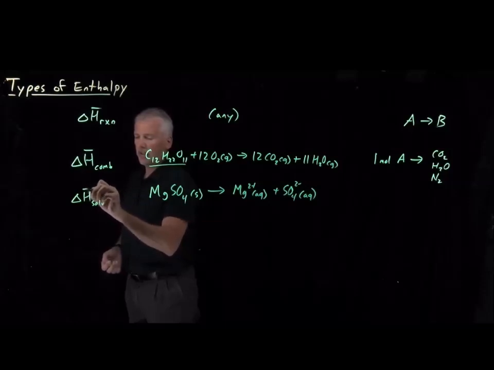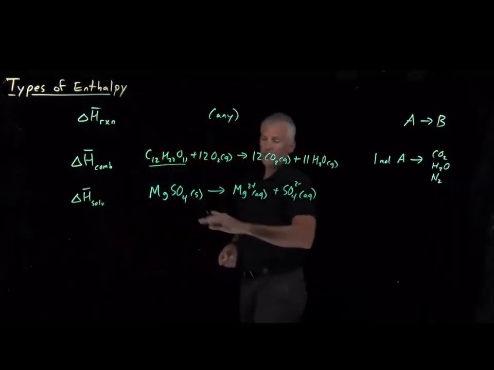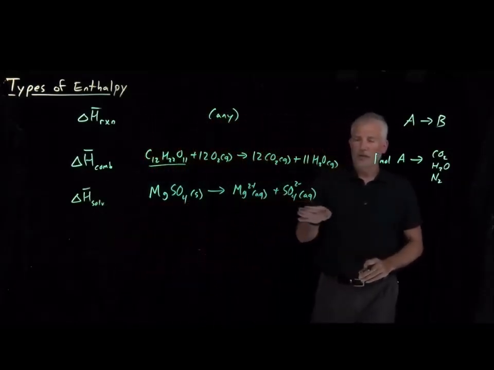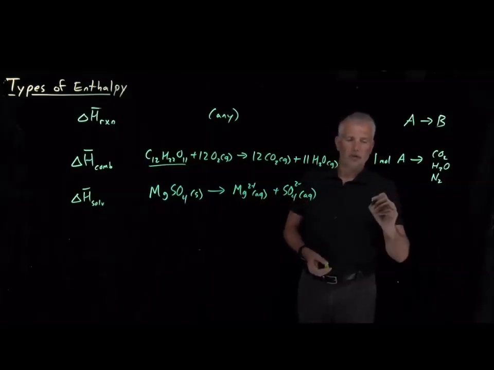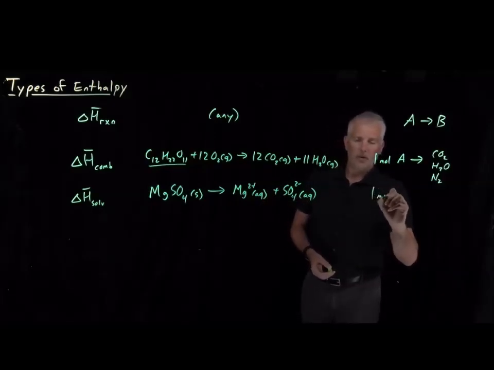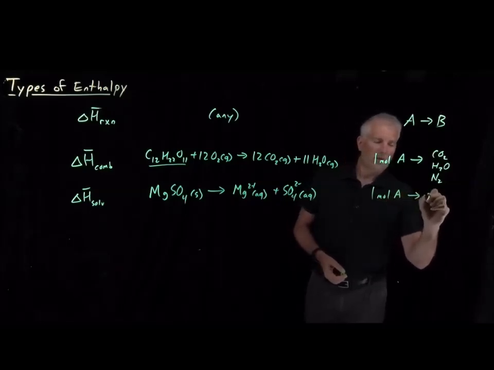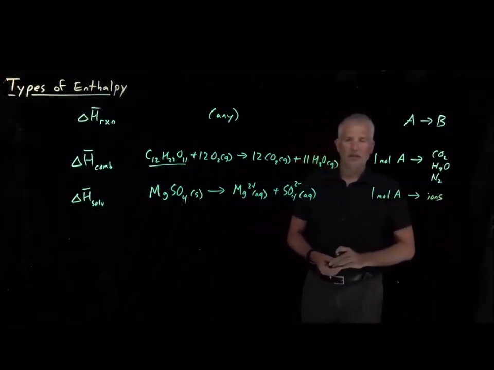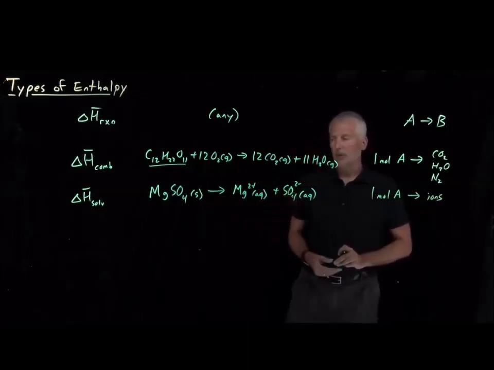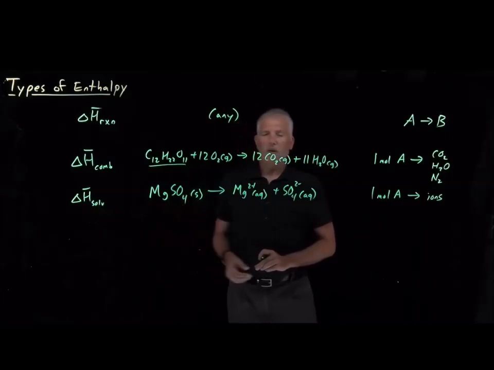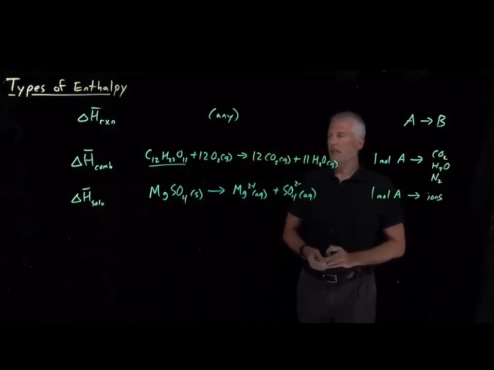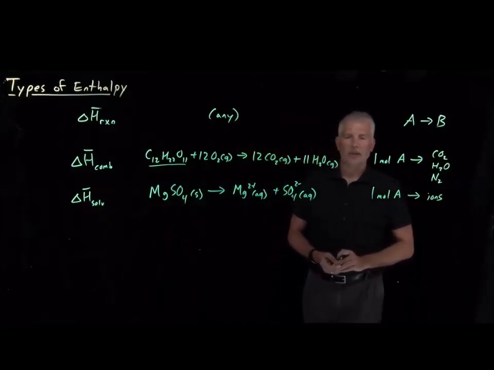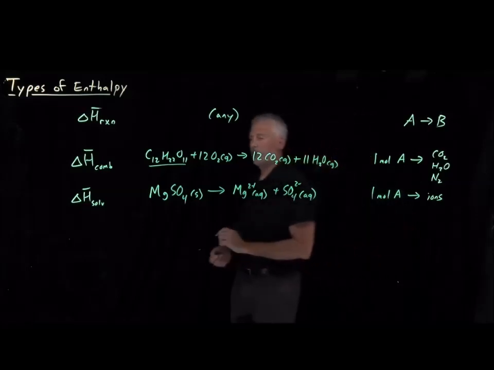We could also call it a delta H of solvation, because we've taken this reactant and we've solvated it, we've dissolved it in some solvent. So if we have 1 mole of an electrolyte that dissolves into ions in aqueous solution, we would call that process a solvation reaction, and we would label its enthalpy change an enthalpy of solvation.